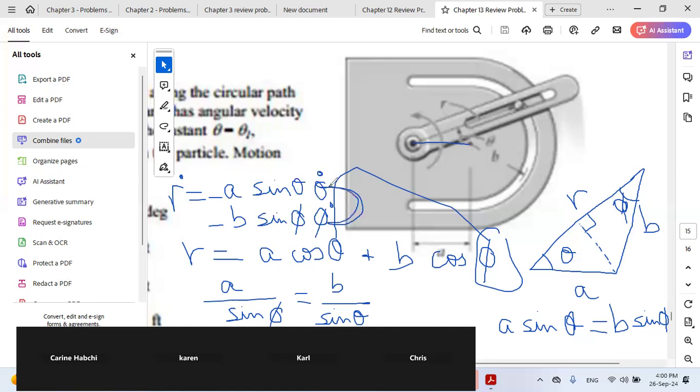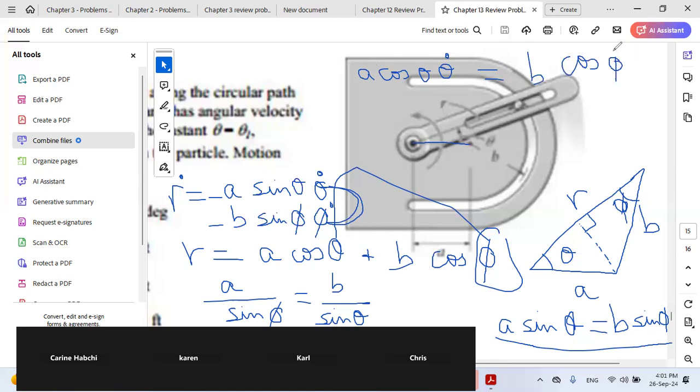To do this, I derive this relation with respect to time. If I derive this relation with respect to time, what do I get? I get A cosine theta theta dot equals B cosine phi phi dot.